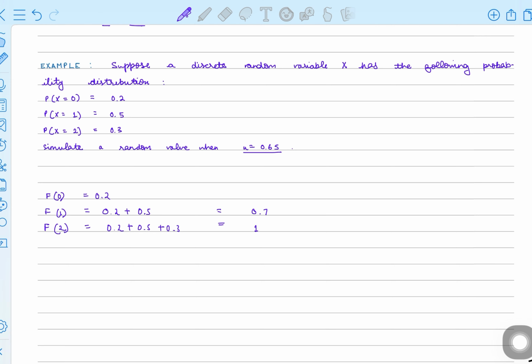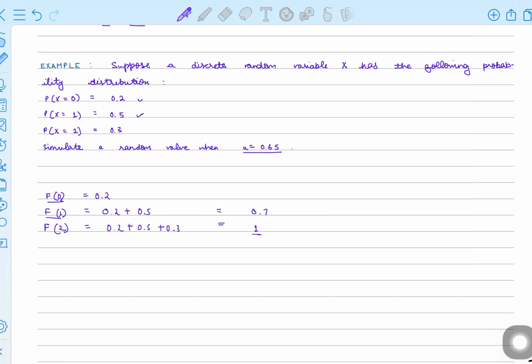F of 0 includes all values up till 0. F of 1 includes all values up till 1. So here we'll add 0.2 and 0.5. This gives us 0.7. And at F of 2 we follow the same procedure to get 1.